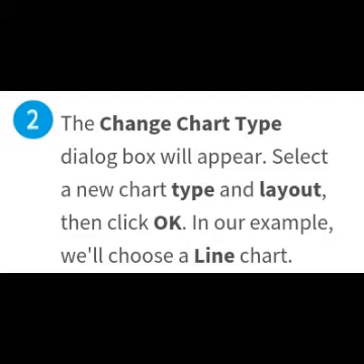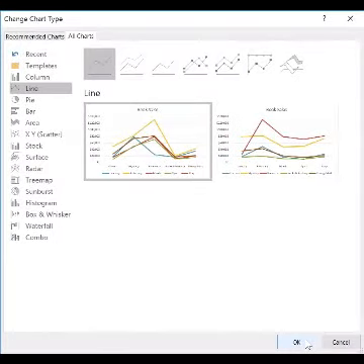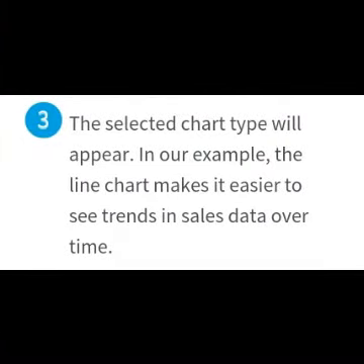Select a new chart type and layout, then click OK. You can see all the changes in the line chart. The selected chart type will appear. In our example, the line chart makes it easier to see trends in sales data over time.